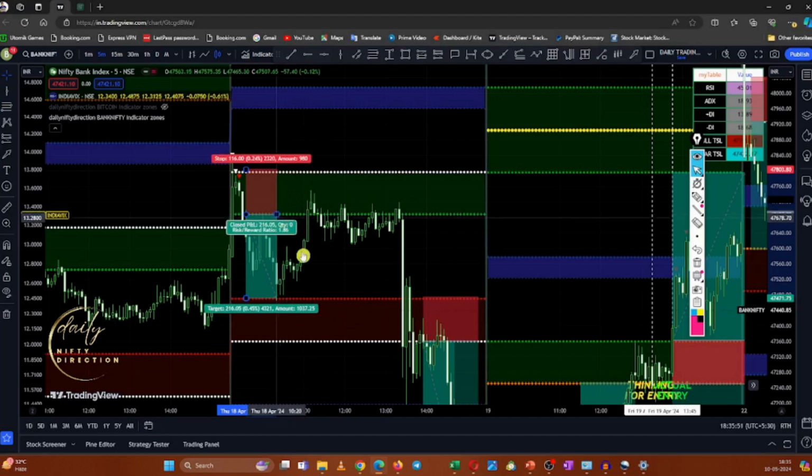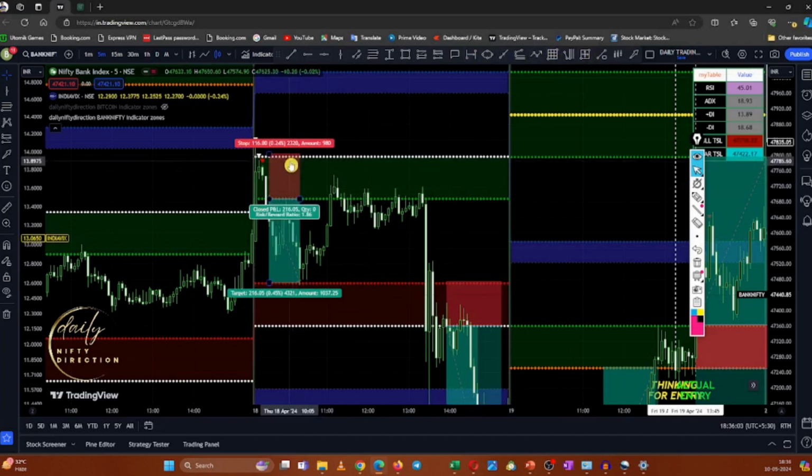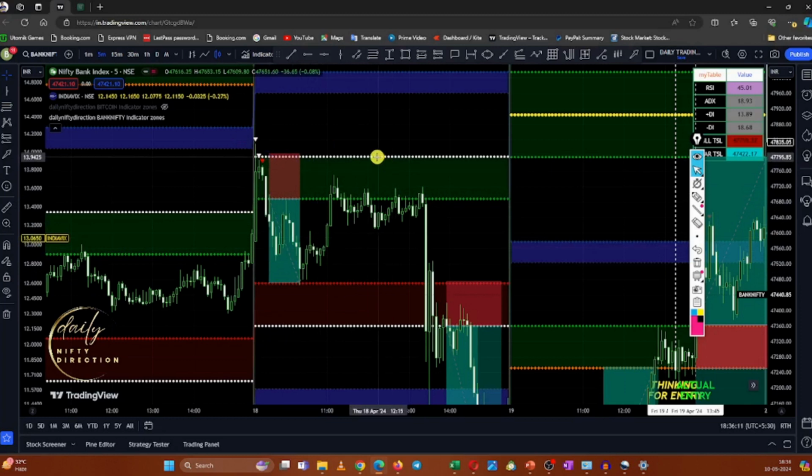If you do not book your profit immediately, then either whole of your profit will wipe out, or it is also possible that your stop loss would hit, right? So between the reversal zone, these white lines are the barrier.